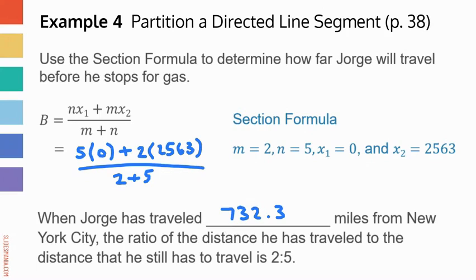So once he has traveled 732.3 miles from New York City, he's going to stop for gas. He still has a long way to go after that, but I think that's pretty good to make it that far without having to stop for gas.